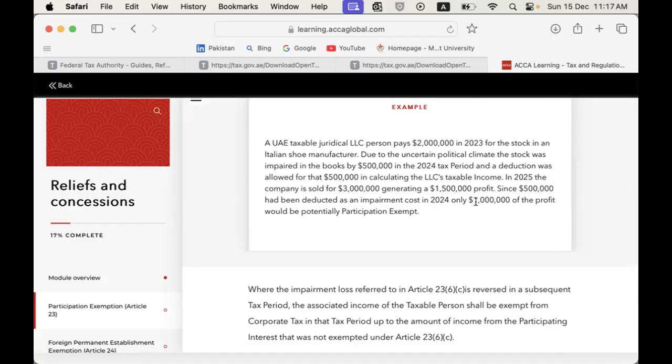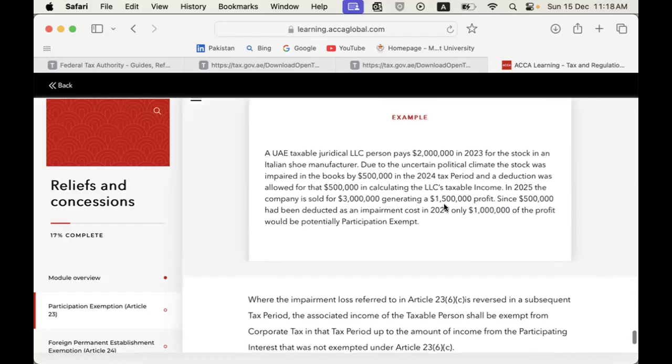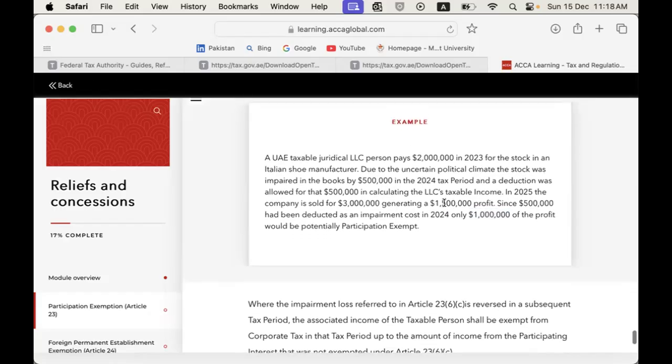So ideally, we should not allow you any participation exemption, but we are going to be lenient, and out of this entire $1.5 million worth of profit, we are still going to allow you 1 million. And the rationale why we are not allowing that additional $500,000 worth of exemption is because it is the exact amount you claimed as deduction in the previous year. Right? So that's the view that the course writer has provided, and I think this is a fair treatment.